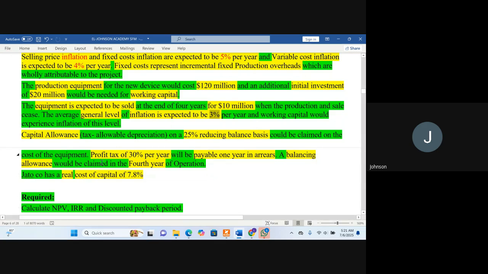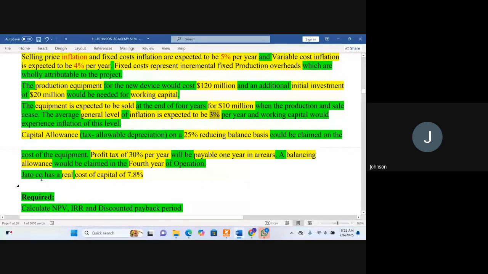Then they also say that profit tax of 30% per year will be payable 1 year in arrears. A balancing allowance will be claimed in the 4th year of operation. So they already told us that it's a balancing allowance that will be claimed, not a balancing charge. That means that there should be a loss on the equipment.